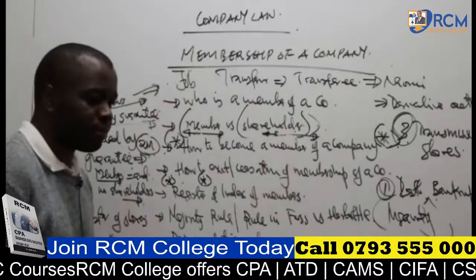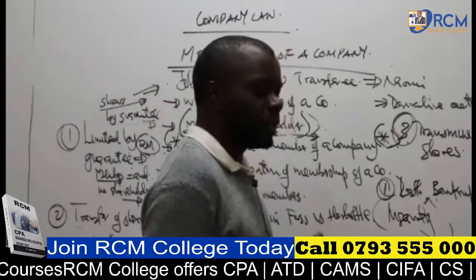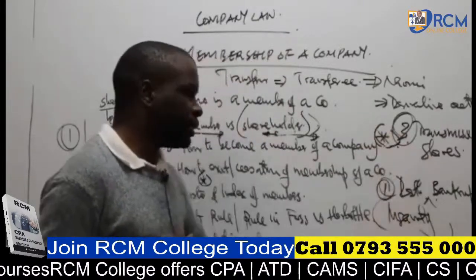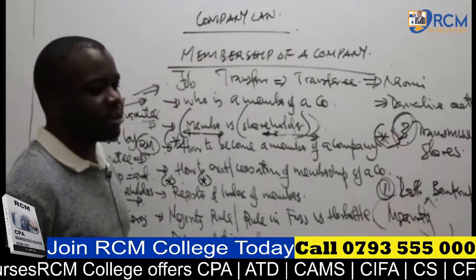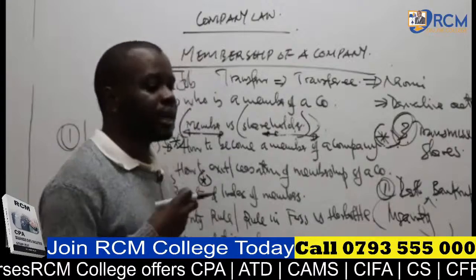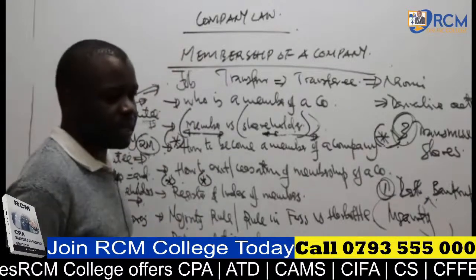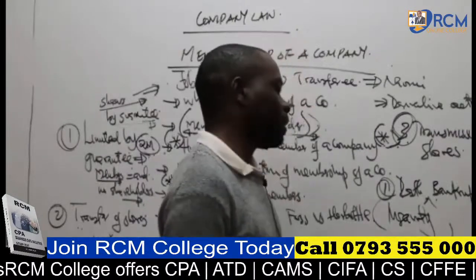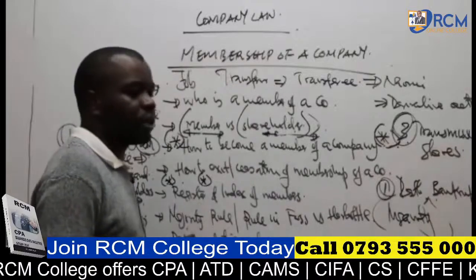So it's still a process. It might take quite some time before the company approves the removal of that person declared dead, bankrupt, or insane from the register of members. Until the name is removed, he'll still be seen as a member of the company. So transmission and transfer are usually a process.